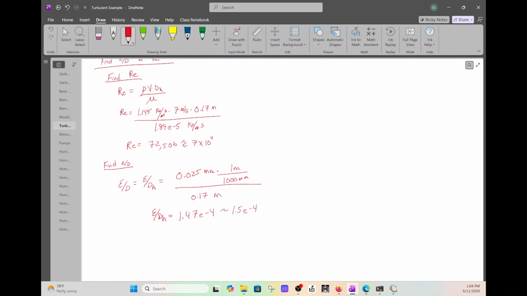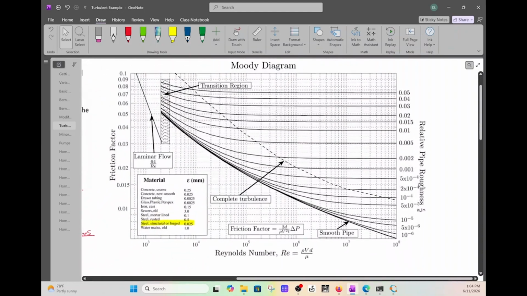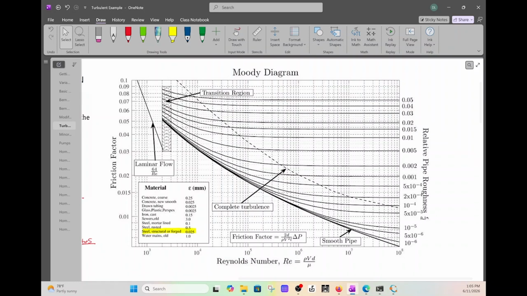Now, why do we need those values? Well, we got to go back to the chart. This is called the Moody diagram or Moody chart. We can use this instead of that Colebrook equation. So what we have here on the y-axis, we have friction factor. On the x-axis, we have Reynolds number.